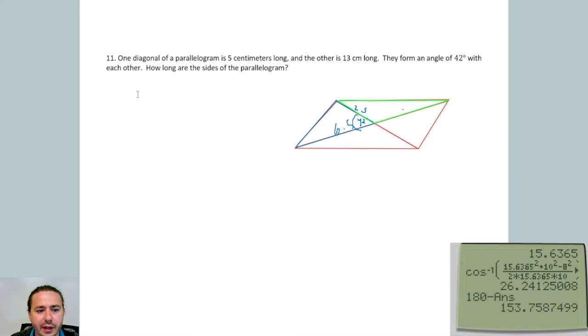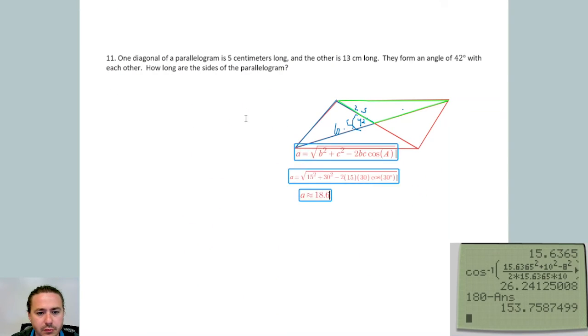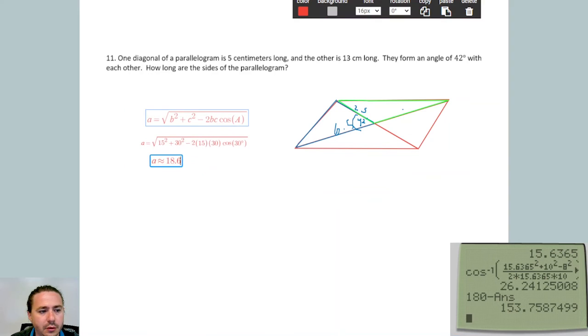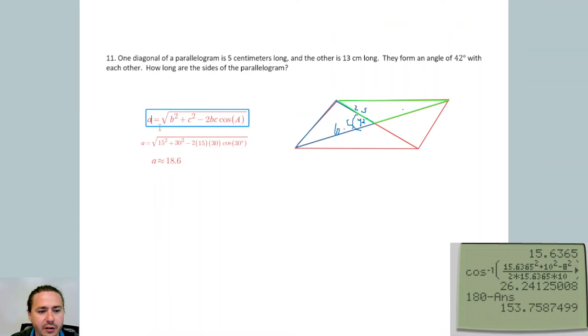So the short side, I'm not even going to call this A, I'm just going to call this the short side, is going to be 2.5 squared plus 6.5 squared minus 2 times 2.5 times 6.5. It doesn't really matter which one's B and which C, times the cosine of 42 degrees. So that's what we do to get the short side.